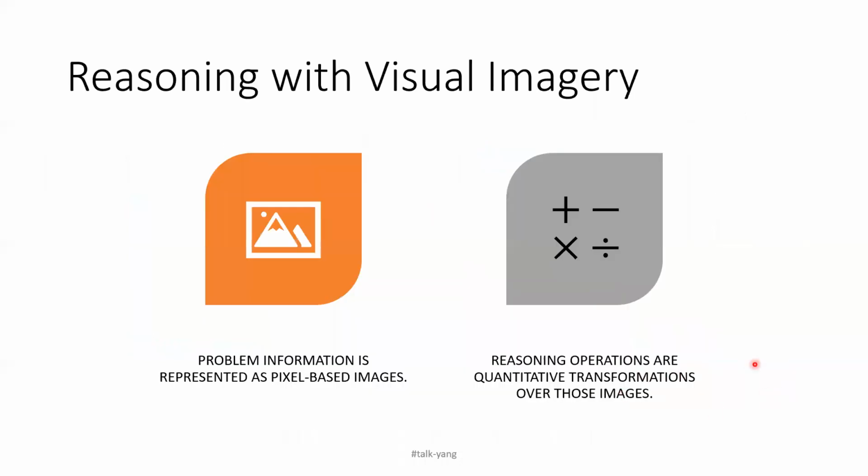We consider our system as a visual imagery reasoning system, which means we represent the problem as pixel-based images, and then all the reasoning is done through quantitative transformation over these images.